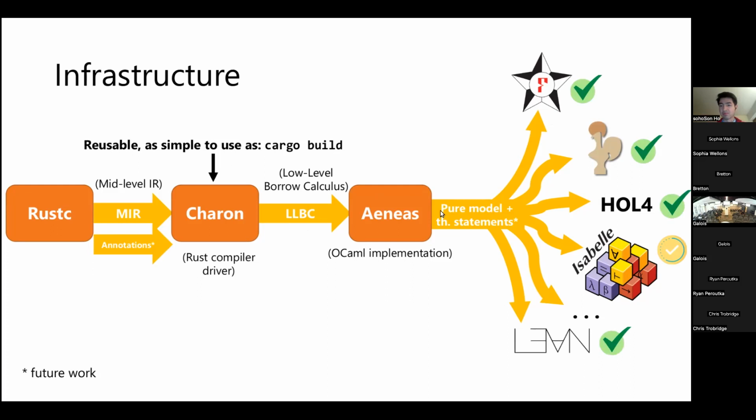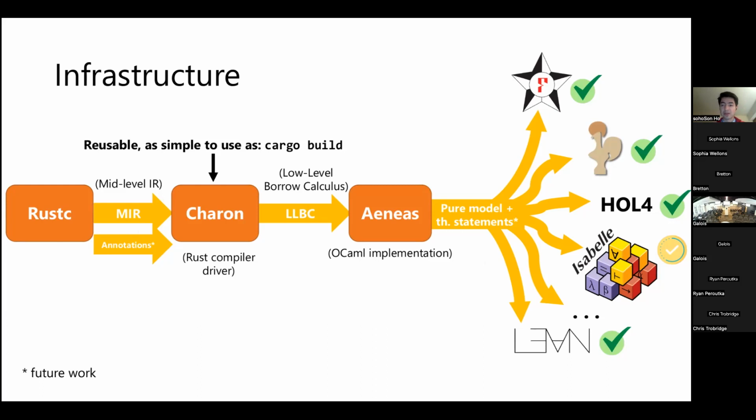And once we have that, we will be able to generate a pure model plus the statements of the theorems that you need to prove about this model. This way, you won't have to think about how you should state the theorems about the model so that you have the properties you want about the code. We'll be able to directly annotate the code, and then Aeneas will tell you what theorems you need to prove about the model. So that kind of closes the gap.